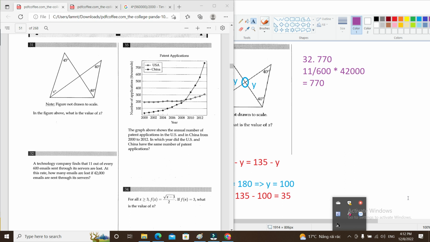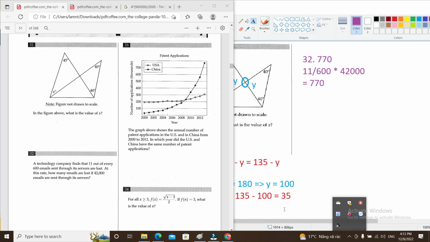Okay, so they ask in which year did the US and China have the same number of patent applications? Alright.